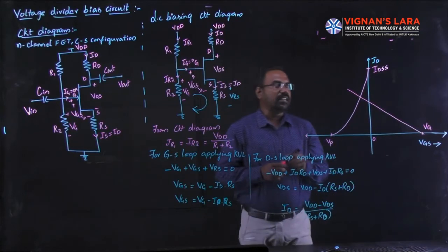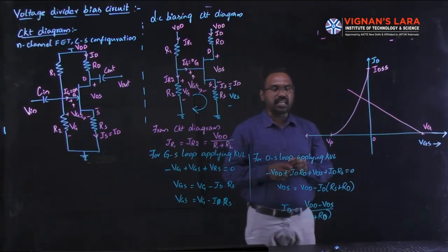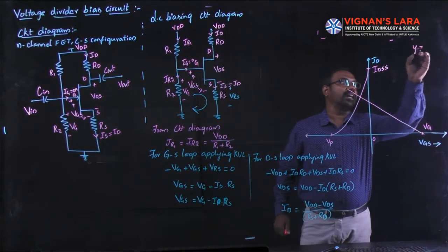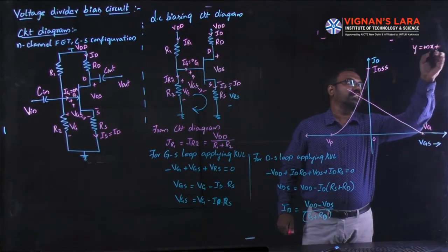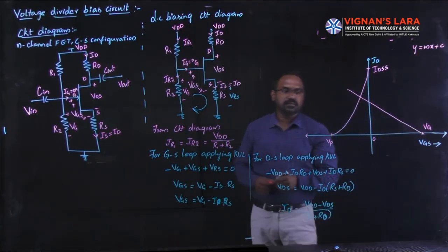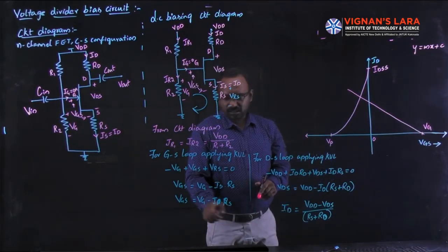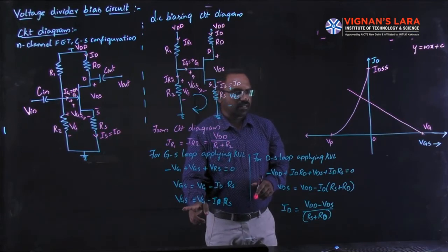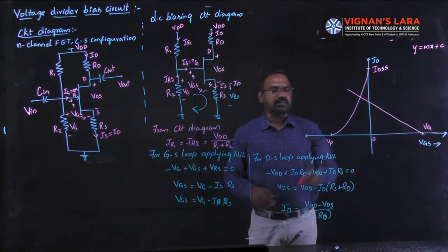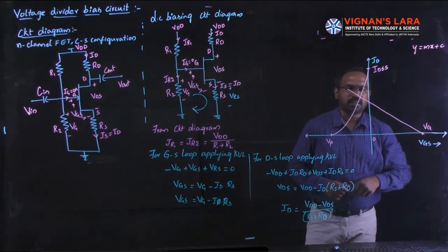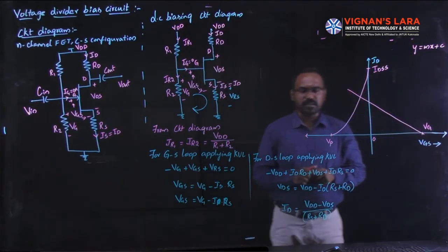Why? Because there the equation was simply looking like y is equal to mx. But here the equation is a straight line, y is equal to mx plus c. Here the slope m is RS, and the intercept is VG. VGS is on the x-axis but here we have interchanged. But it is a straight line equation, don't worry.